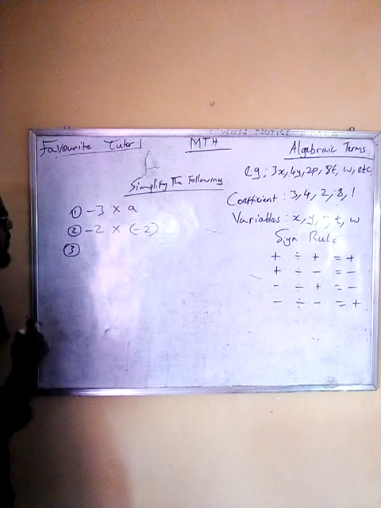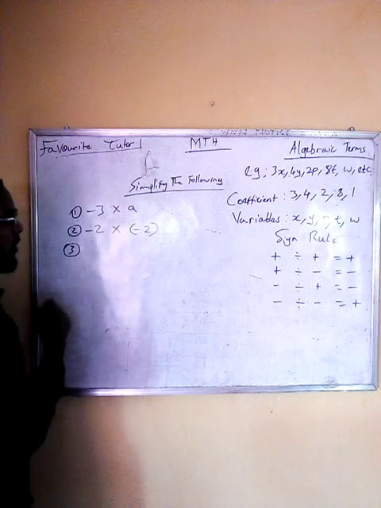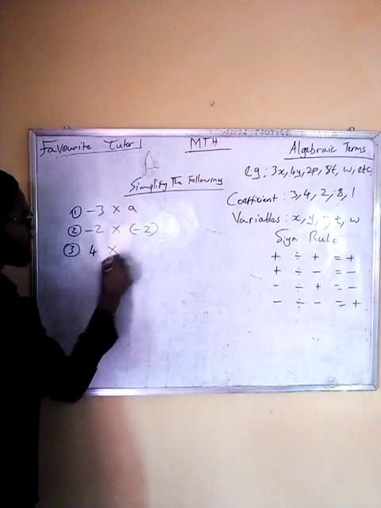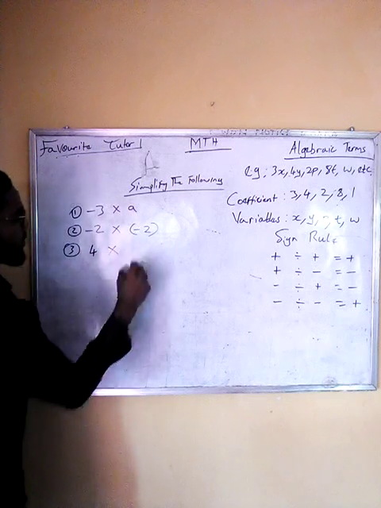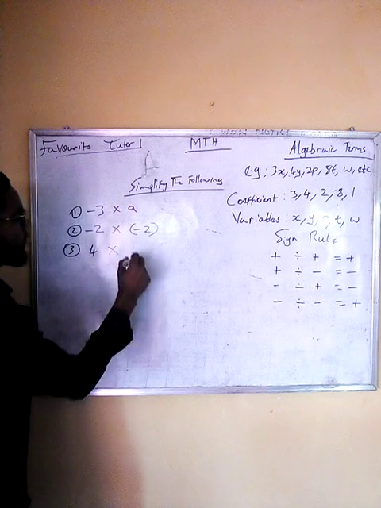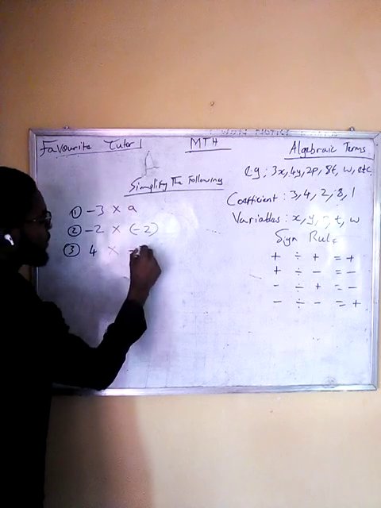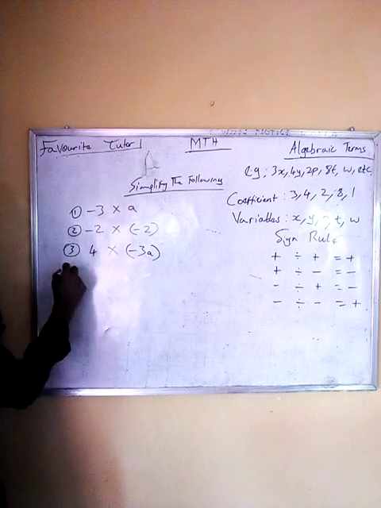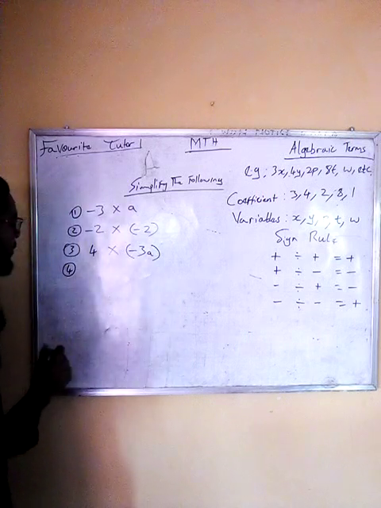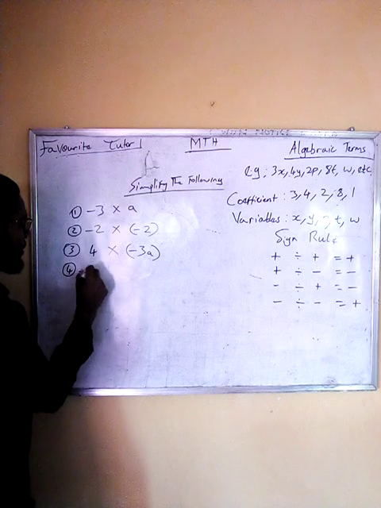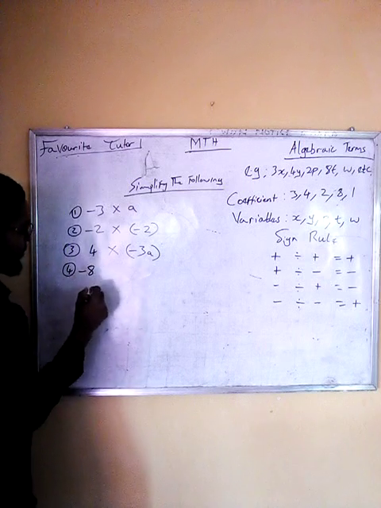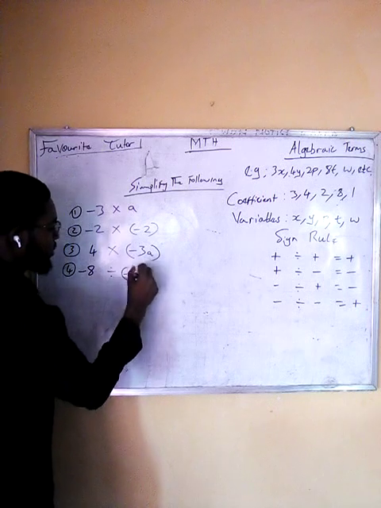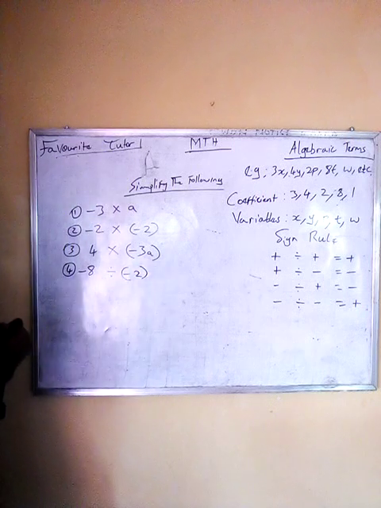Number 3, let's say 4 times minus 3a. And the other one, 4 minus 8 divided by minus 2, as the case may be.